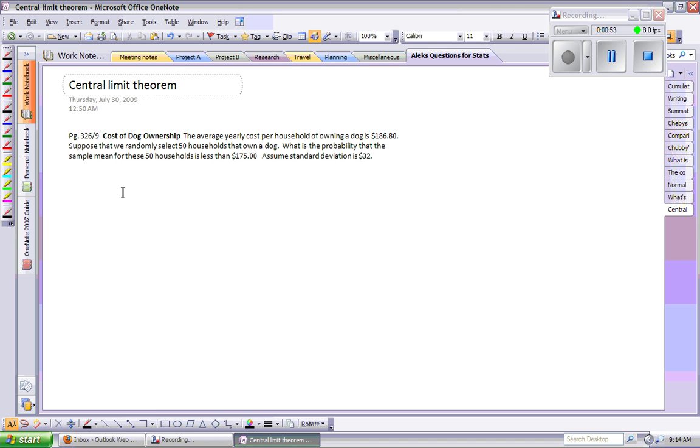Basically, the idea of this chapter is if a population is normally distributed, and you start taking samples from it, then the distribution of the means of those samples will be normal as well. So basically, you do a number of experiments. You may get different means in each experiment, but the means will be normally distributed.